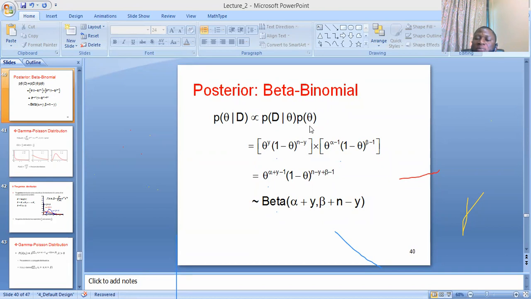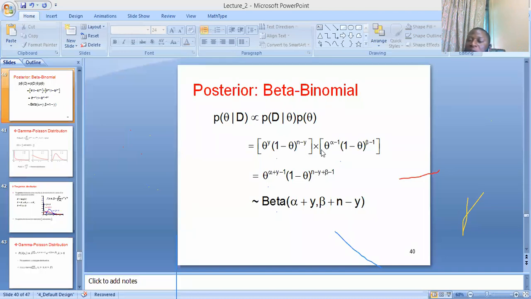Now, the prior distribution is the beta, and what you have here is the beta distribution. Look at the beta distribution and the binomial distribution. You can see that they are almost the same, except that here there is alpha minus 1, here is just y. Then here is beta minus 1, and then here is n minus y. Otherwise, these are just the same.